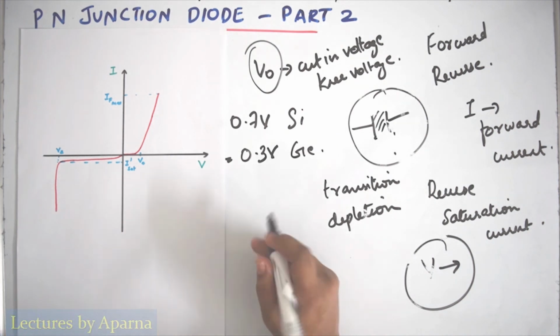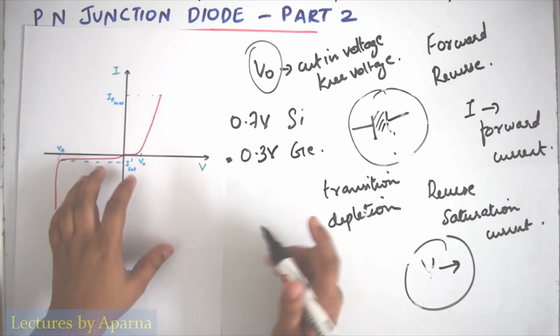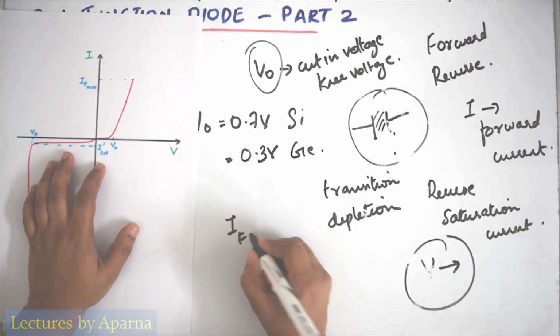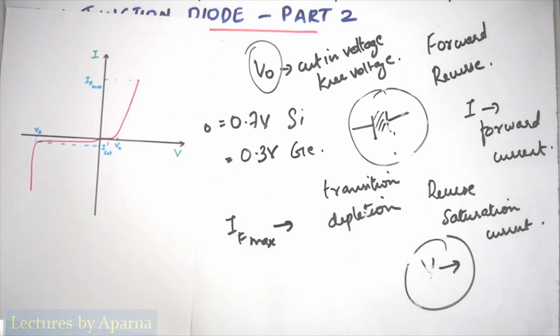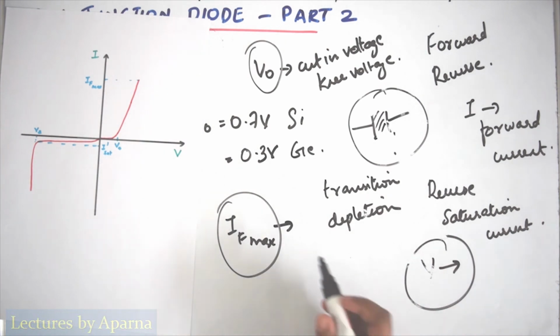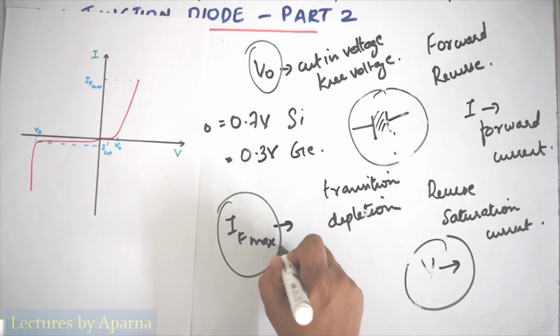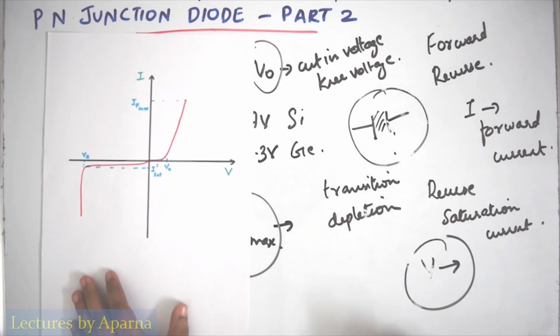So the data sheet specifies a particular value of the forward current that the diode can handle. That is known as the maximum value of the forward current, so that will be specified in the data sheet. So that is this here, IF max.